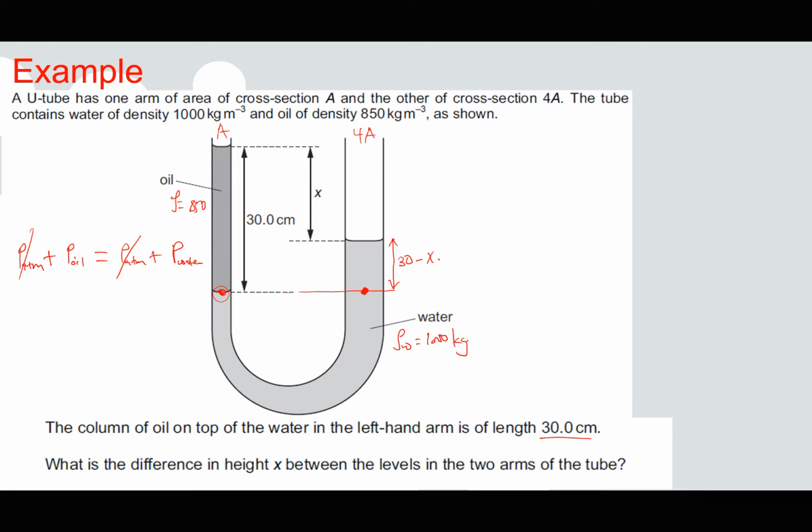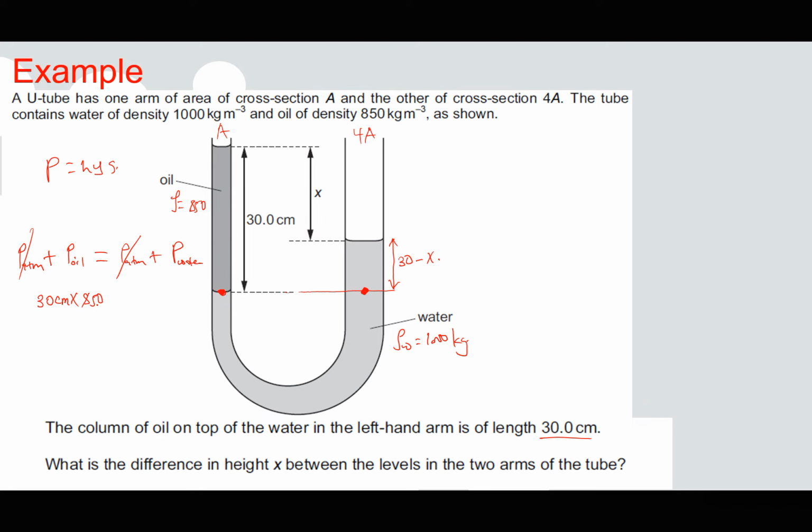So the pressure at this point here due to the depth of the oil is going to be, remember, pressure due to the liquid is equal to h density times g. So this will be h, I will not change the units, so it will be 30 centimeters times the density of the oil, which is 850. There's a reason why I'm not changing the units: because I'm equating, the units centimeters can cancel out.